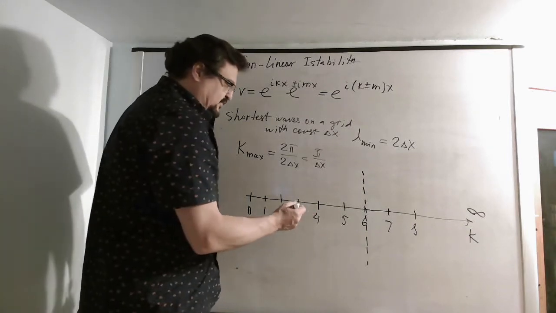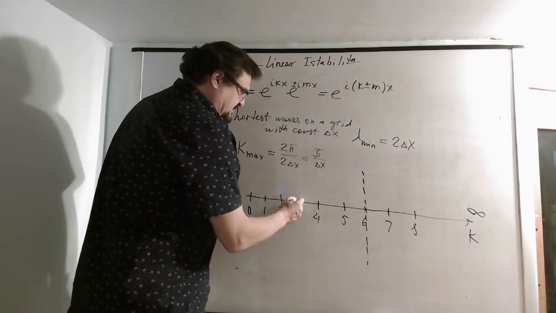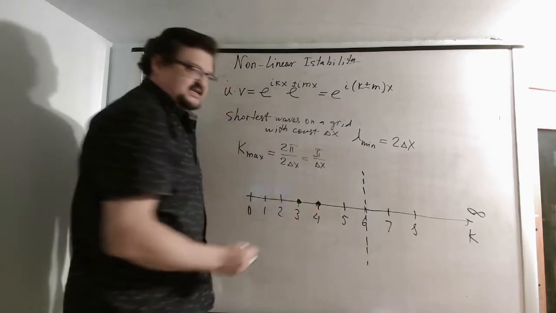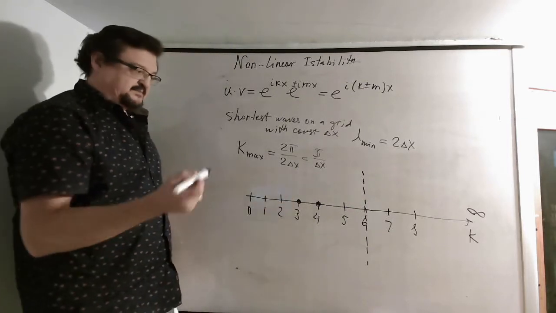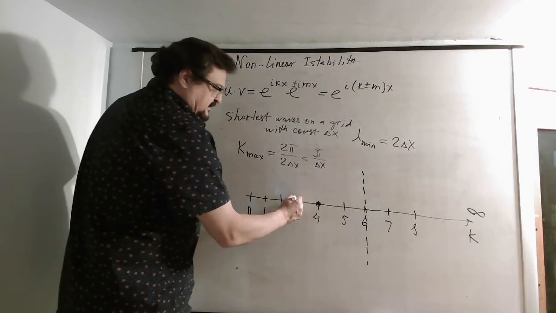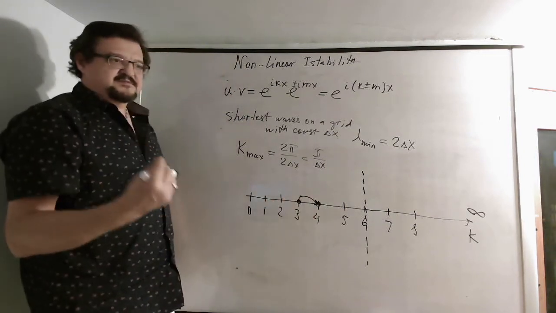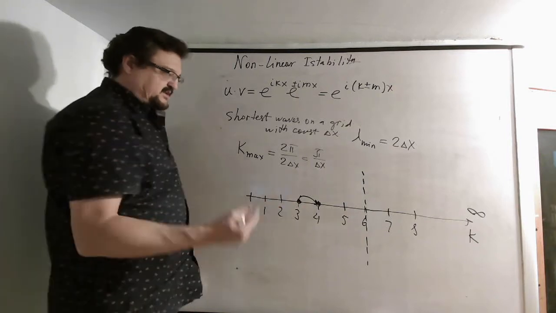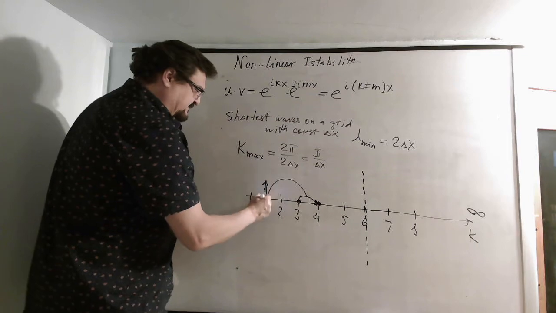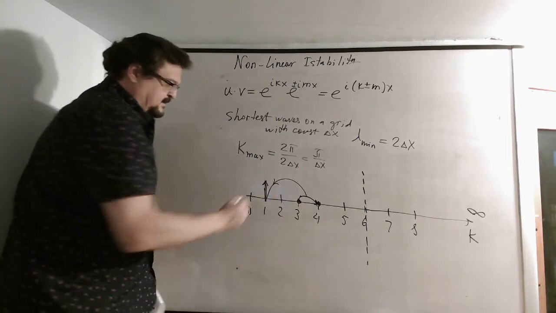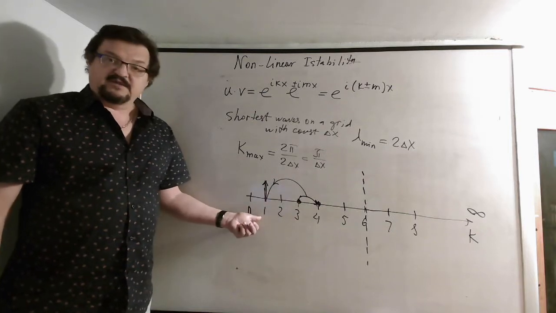So now if you have interaction between, say, wave 3 and 4, nonlinear interaction, wave numbers are added and subtracted. So the interaction of these two, 3 and 4, what does it create? If they are subtracted, 4 minus 3 is 1, so they may create this wave. So you see, two short waves can create a longer wave.